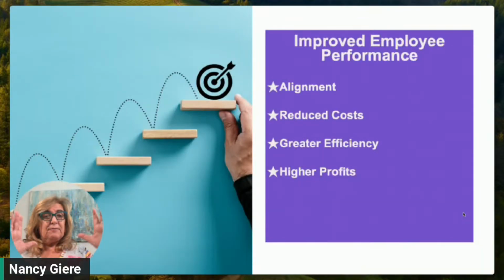So let's really focus on what I think is the heart and soul in all of this for most companies, which is really what can you do to improve the performance of your employees? How can you ensure that they are aligned with where you want to go? What can you do to reduce the costs?